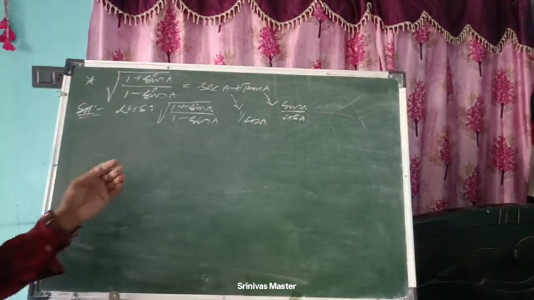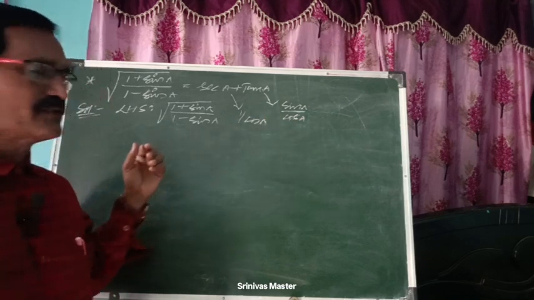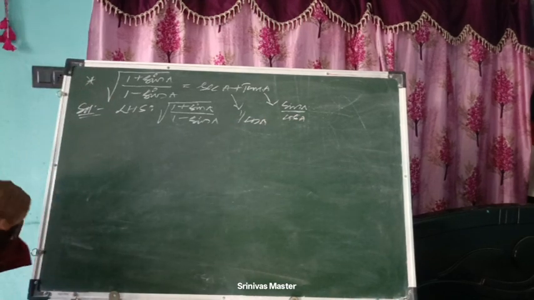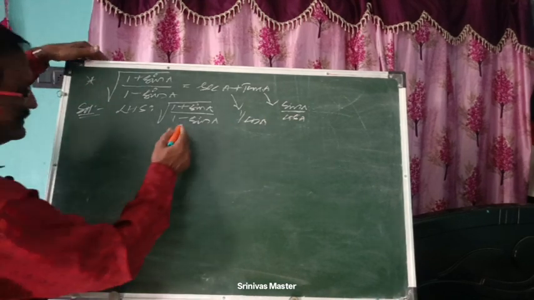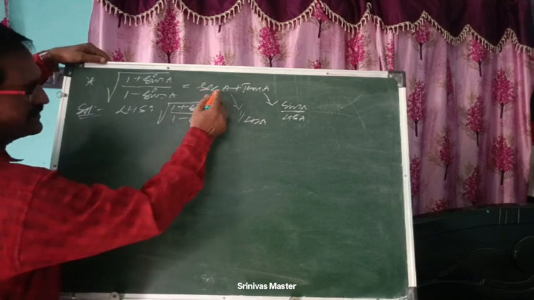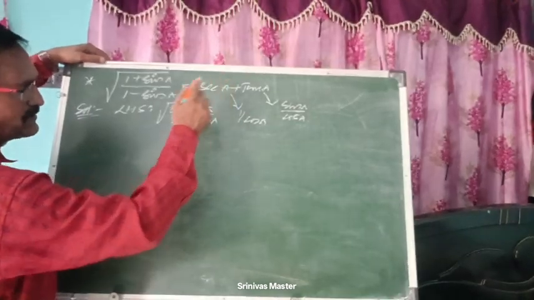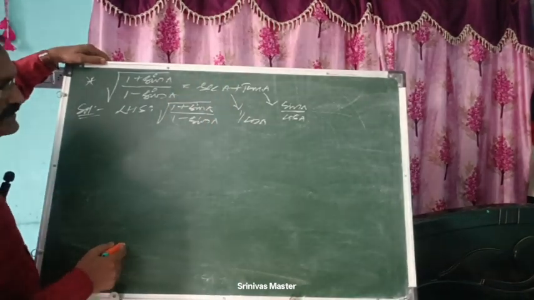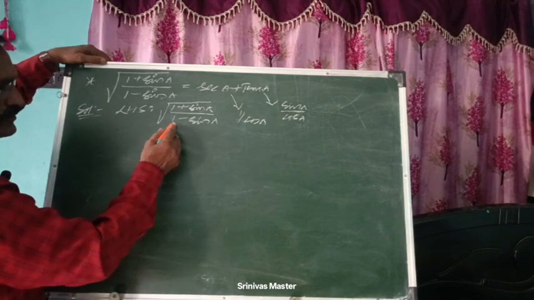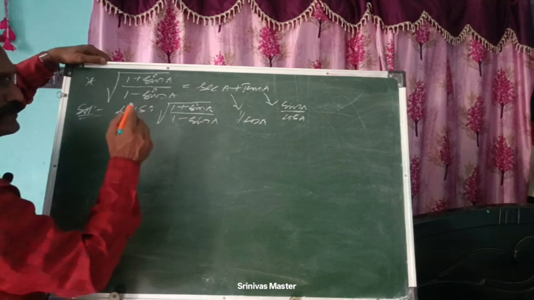That means both the denominators are cos A. Now both these terms have a positive sign, plus. So what you have to do is rationalize the denominator.